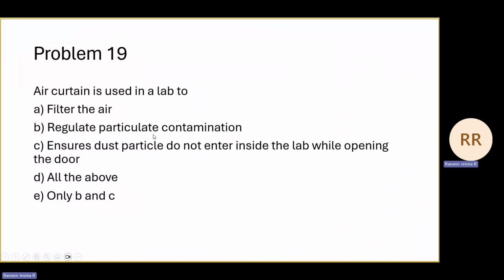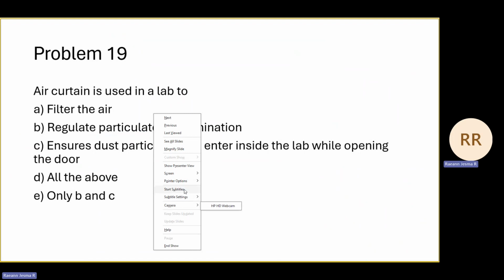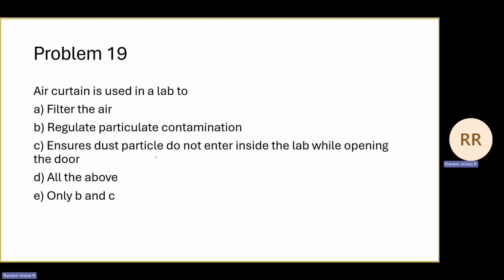Okay. So for filtering the air, we need some kind of filter like HEPA filter or HEGA filter. So HEGA filter we will use when we want to remove odor as well. HEPA filter is just to remove the particle contamination.